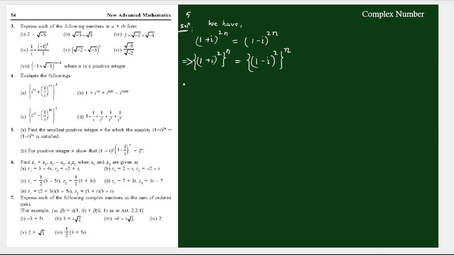Now we will break (a plus b) and (a minus b) whole square. So this is nothing but (1 plus 2i plus I square) to the power n, and here we have (1 minus 2i plus I square) to the power n.